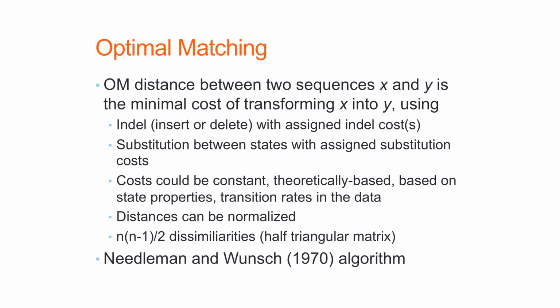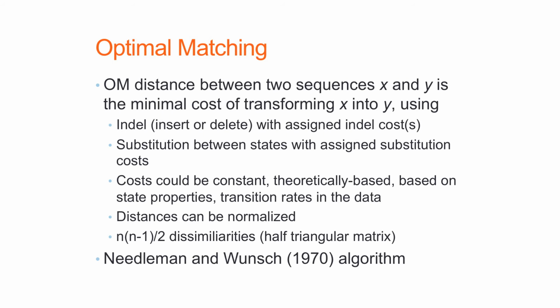It could be based on theory related to the subject matter. Very few areas in life course research actually have theory to guide this, so that's not used very often. It can be based on state properties or transition rates in the data, so it can go back to the transition matrix and be based on that.